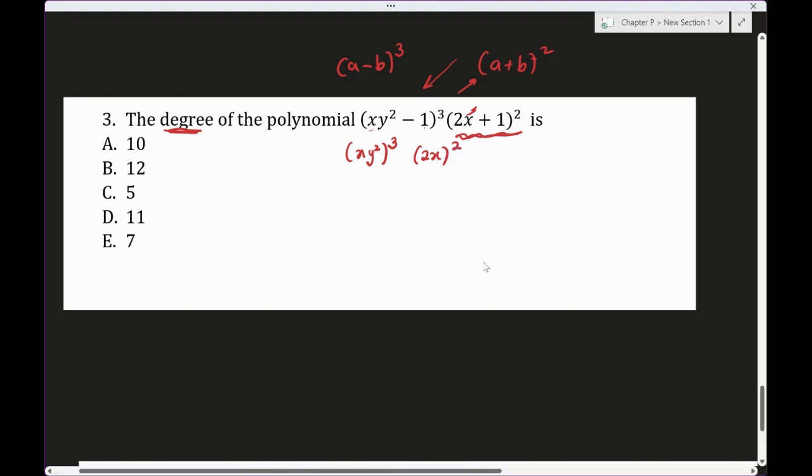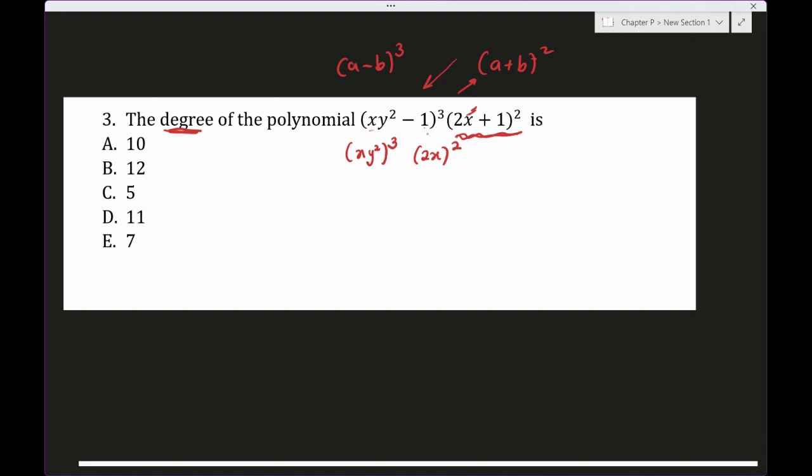To the power 2. So with this, we are done, because we are looking for the highest degree. Since we are multiplying these two polynomials, this one alone will give us x to the power 3, y to the power 6. Then we have to multiply by this one, which will give us 4x to the power 2, right?